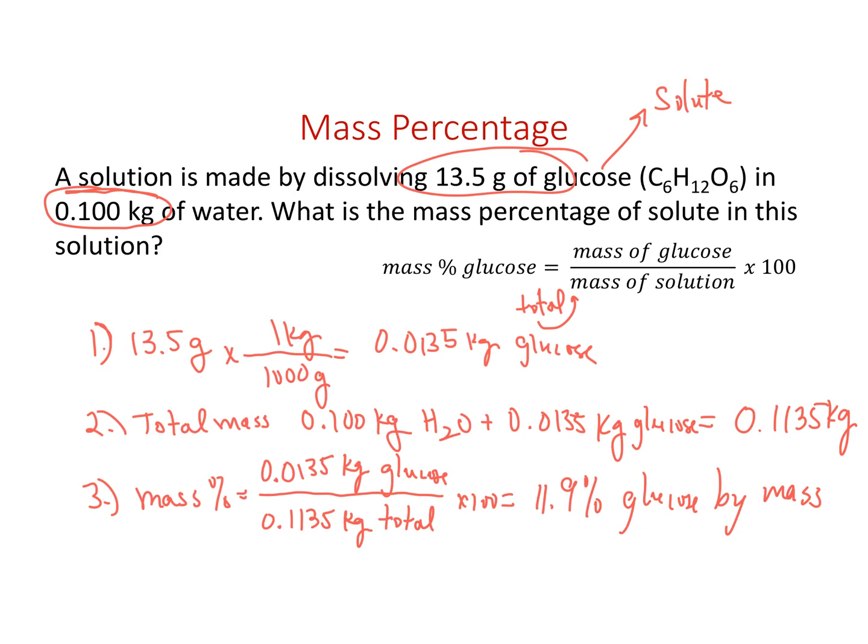And we should be able to do this for water as well, right? So if I've got 11%, almost 12% of this sample is the mass of glucose, that means that 88% of this sample needs to be the mass of water. The whole thing needs to add up to 100%. So 12% of this sample is glucose. That means 88% of the sample would have to be water.